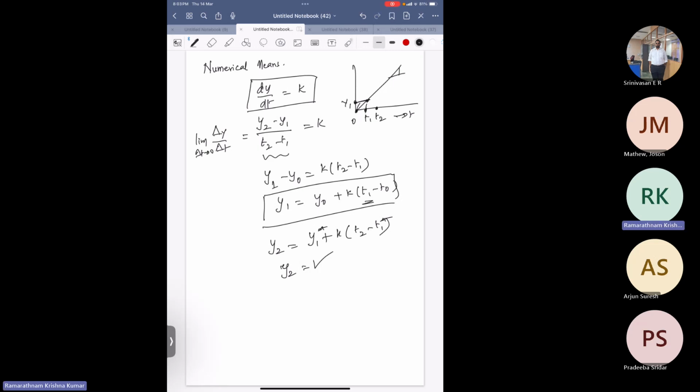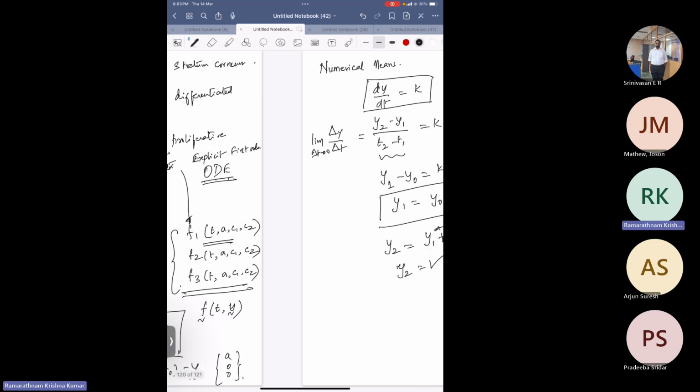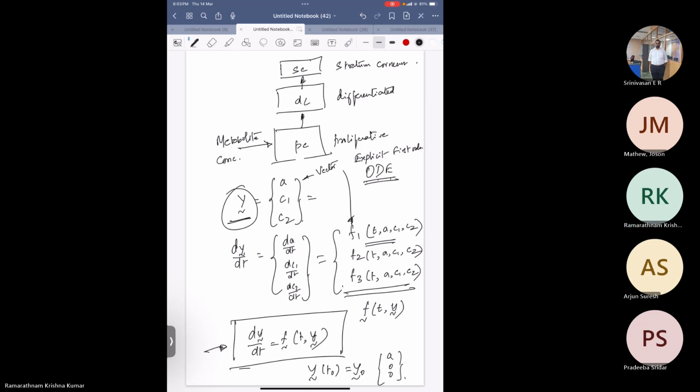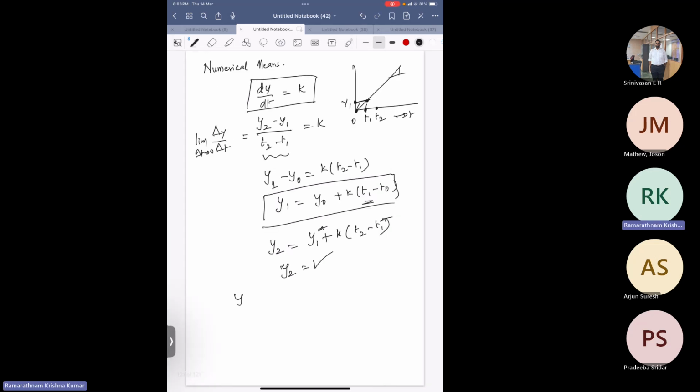So in general, I can write down, going back to my good old vector, y1 is equal to y naught plus k into t2 minus t1.